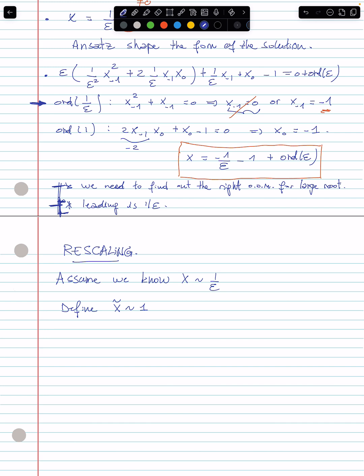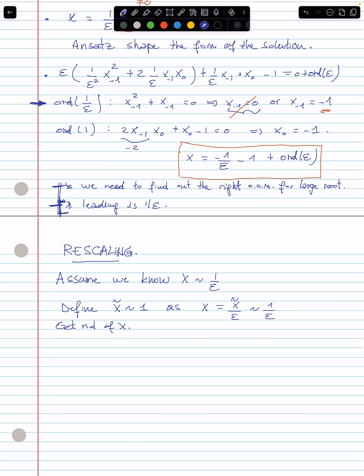So if I define this, which is of order 1, by just saying that x is in fact equal to x tilde divided by epsilon. And indeed, if we do this, because x tilde is of order 1, x is then of order 1 over epsilon, and this works. Okay, so if we redefine x, we use a rescaled version of the problem. Okay, let's see what it gives.